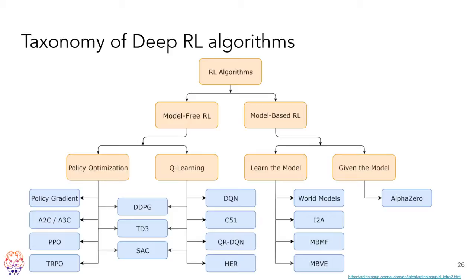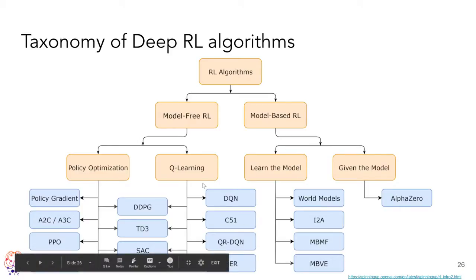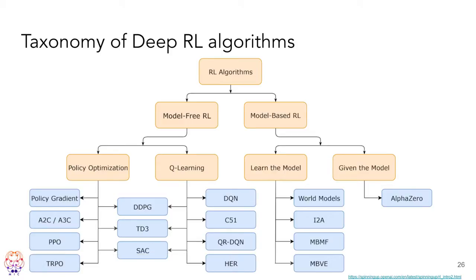And then Q-learning, basically you keep track of these values, so you know the value function, you know the action value function, and you use that to determine what actions are good or bad. I'll go over that again.